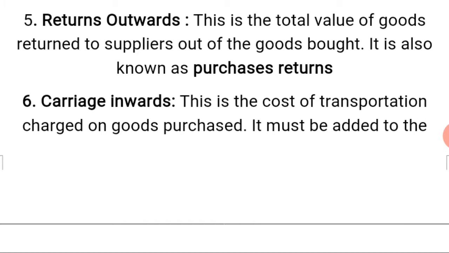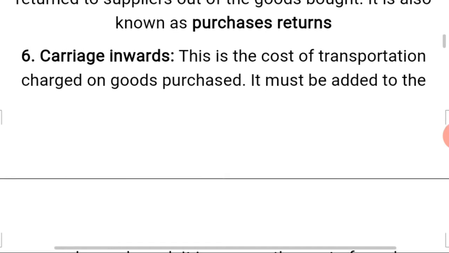Return outwards. This is the total value of goods returned to suppliers out of the goods bought. It is also known as purchases returns. That is the goods that the business returned to the suppliers out of the goods that were bought from the suppliers, or out of the goods supplied.